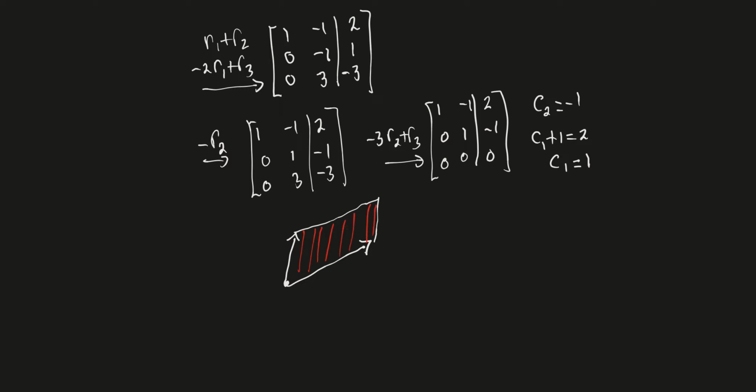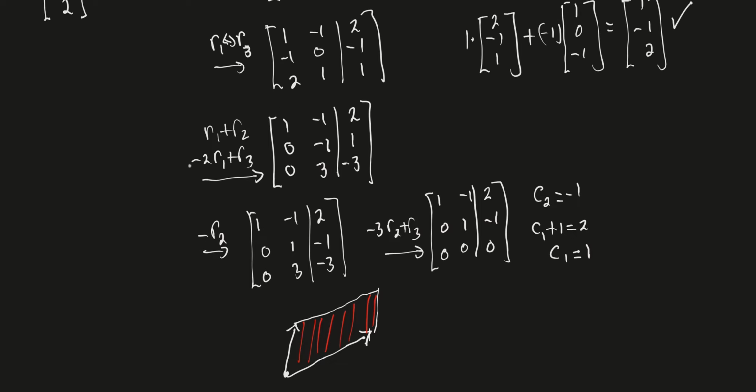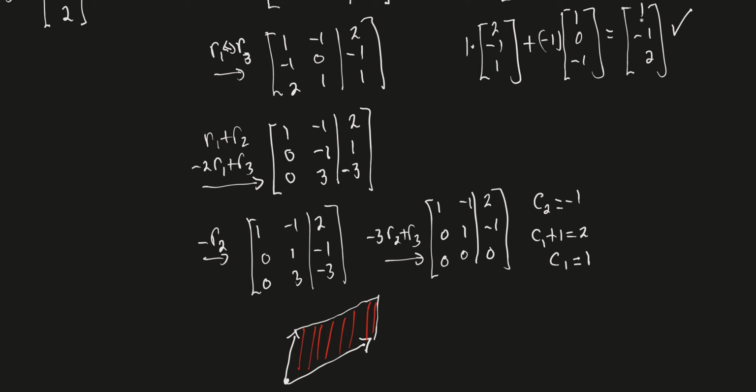So what will happen now is if I take this other vector, our target vector that we are able to meet, the vector 1, -1, 2, and I draw that vector with its initial point somewhere in the red, that vector stays in the red. It's one of these vectors that is in that plane. It's not pointing out of the plane, but essentially it is what we would say coplanar.